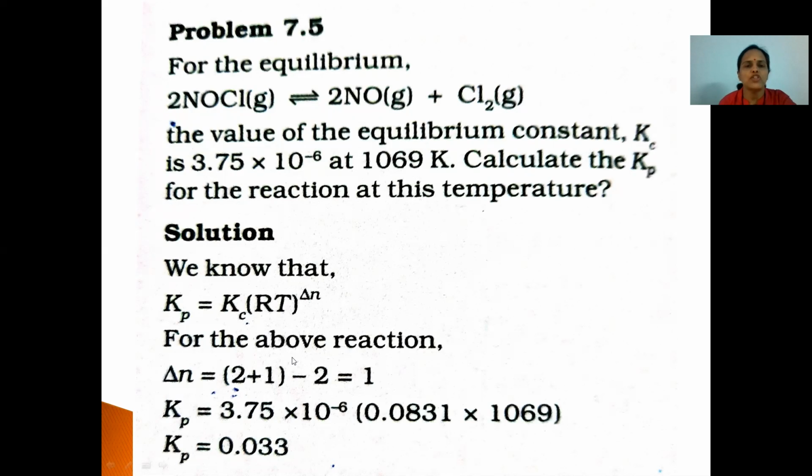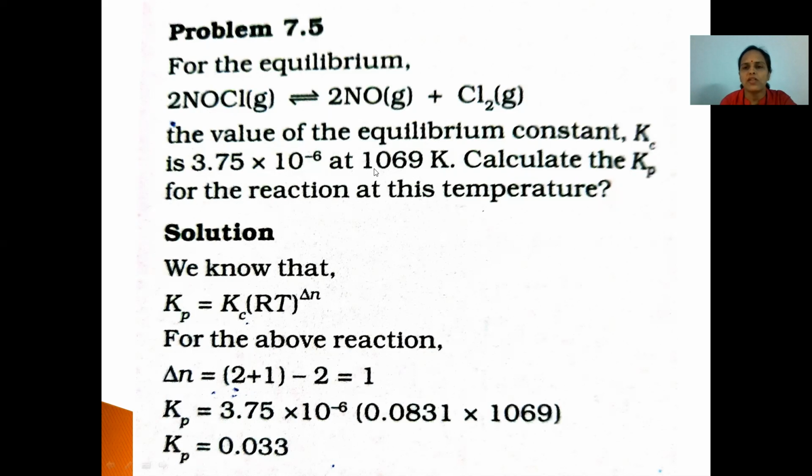As we know the relation Kp equals Kc RT delta N. For this reaction, to calculate delta N, it is number of moles of gaseous products, here 2NO plus Cl2, 2 plus 1, so 3, minus number of moles of gaseous reactants, here it is 2. So 3 minus 2, the value of delta N comes out to be 1.